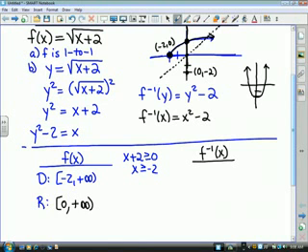Like I'm going to do right here, that will be 0, square root of 2. Square root of 2 is like 1.2, 1.3, 1.4. So if I switch the x and the y, it's going to be over here somewhere. Okay. Make sense?